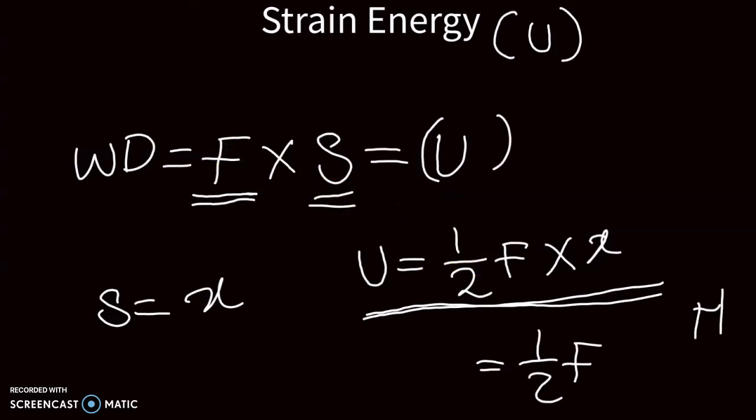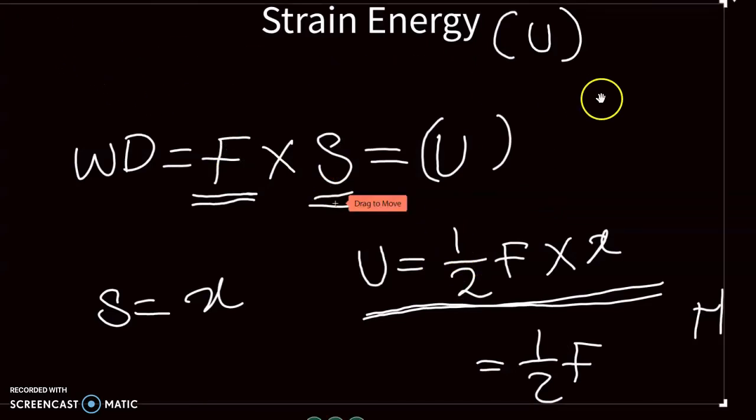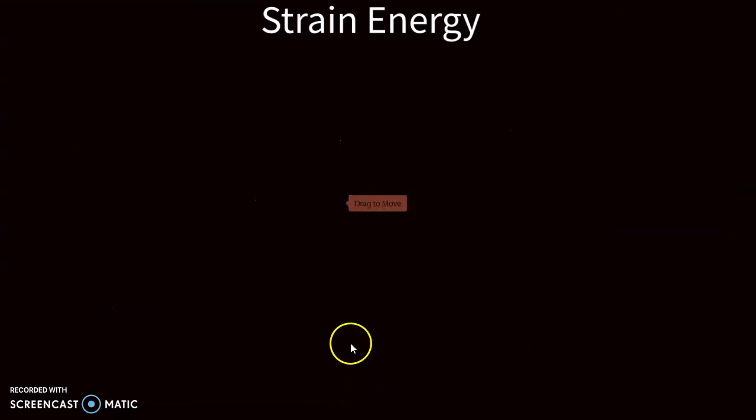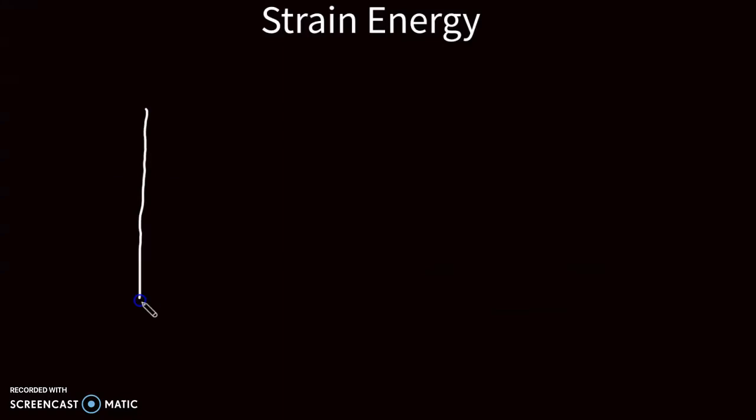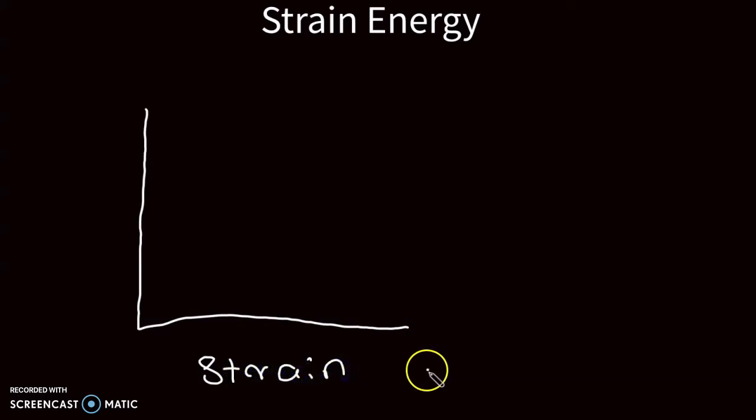If we were to have a graph representation of what we have here, it will look something like this. This will be our strain, or we can just say X, and this will be our force applied.